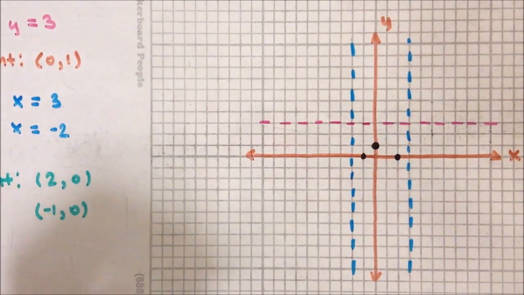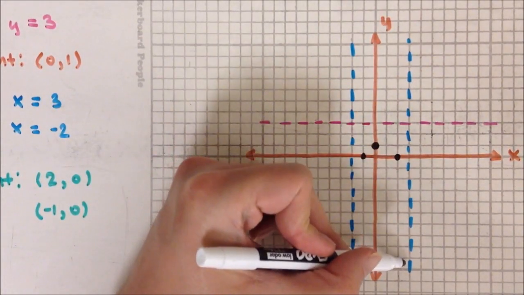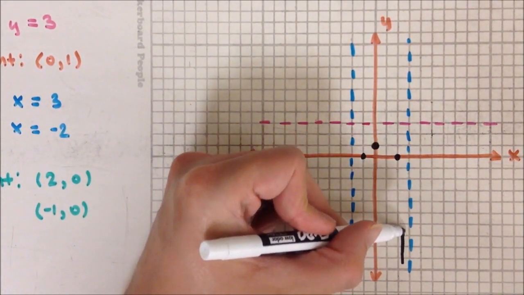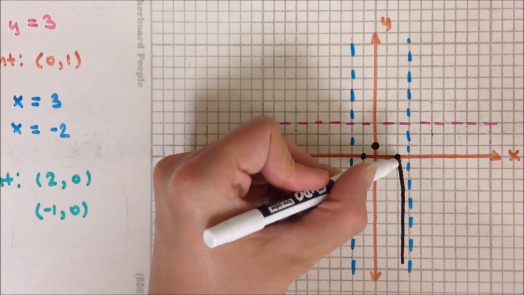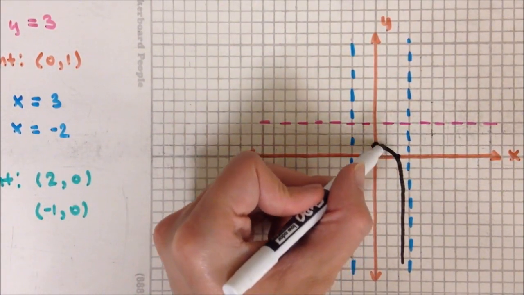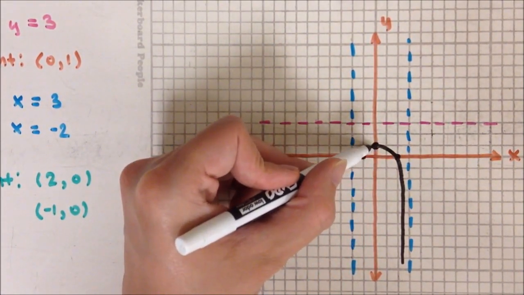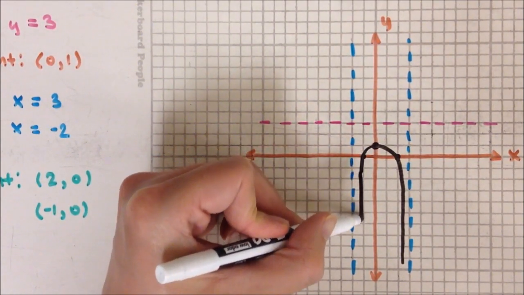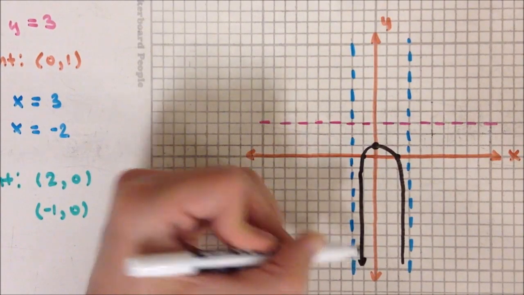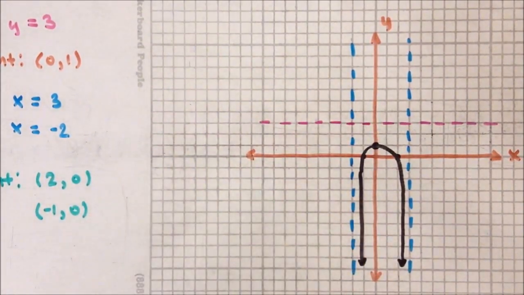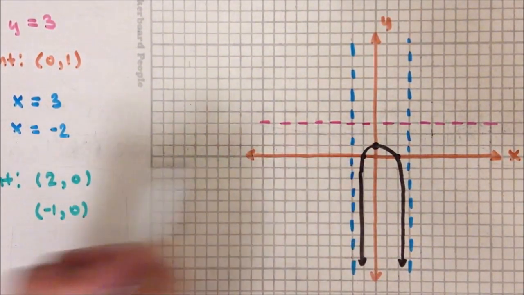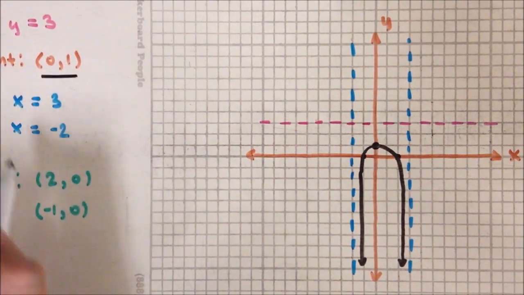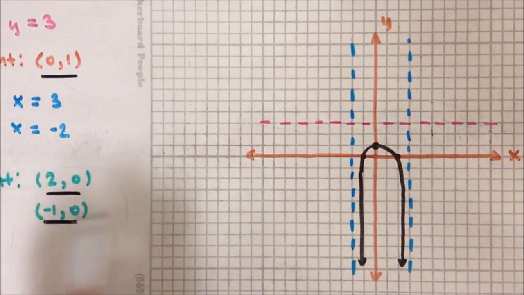So when you make your graph, you can make it go along the vertical asymptote. As you can see, I'm going through all the points that I made and then going back down, and it's going along the vertical asymptote but does not touch nor cross. Again, I used the y-intercept and the x-intercepts to make my graph.